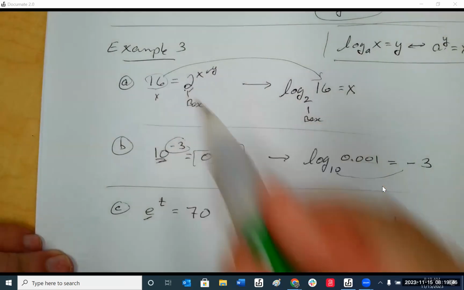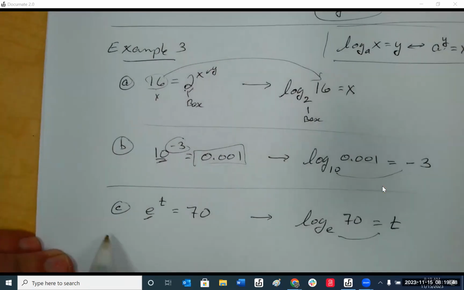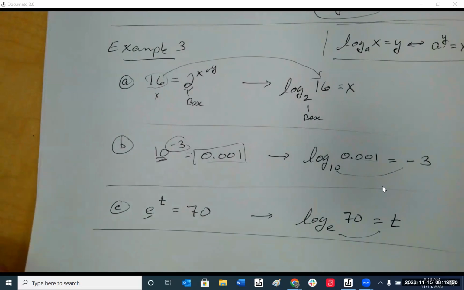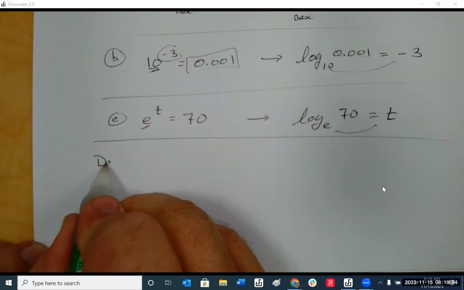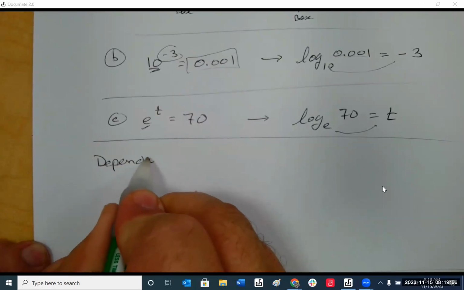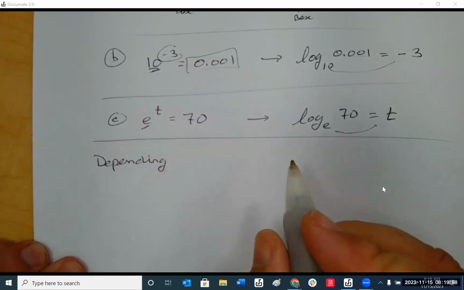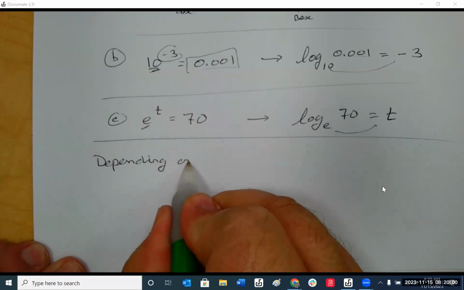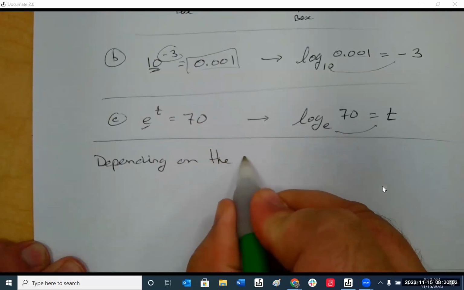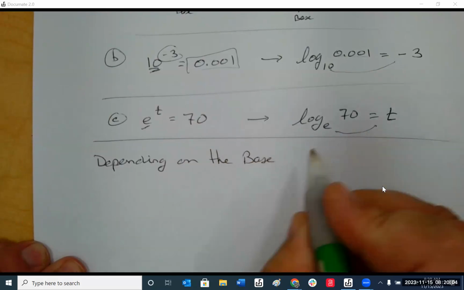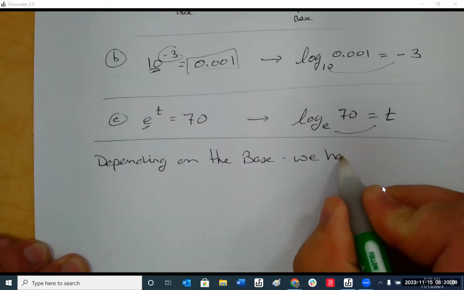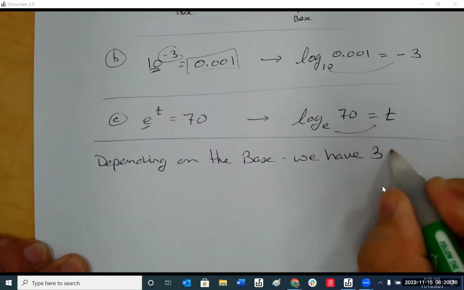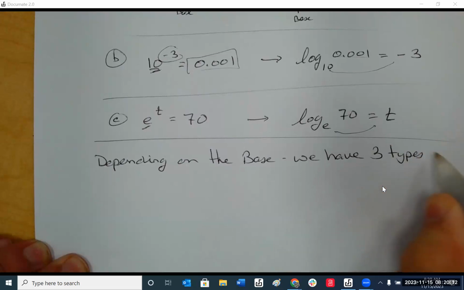Actually, we had 3 different types of bases here. Depending on the base, we have 3 types of logs.